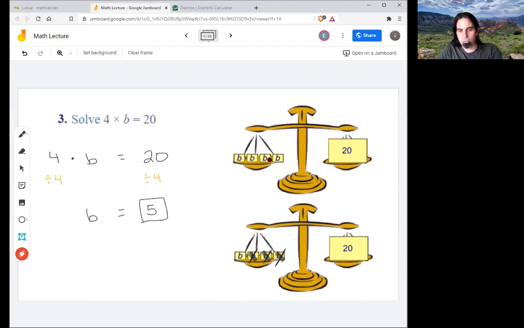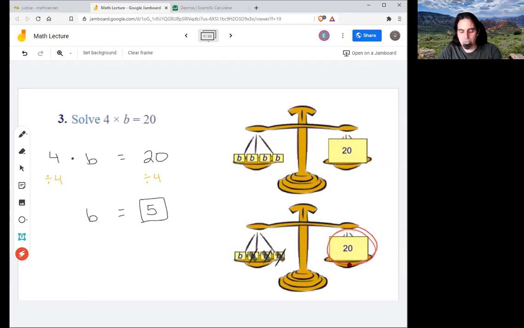So I pick up all 4 of these and I make piles of size 4. And how many piles would I get? I'd get B different piles, but that doesn't really work with this picture. So better to think of I'm dealing these out to 4 different friends and each friend gets 1. And then one of my friends comes back and puts his or hers on the balance scale.